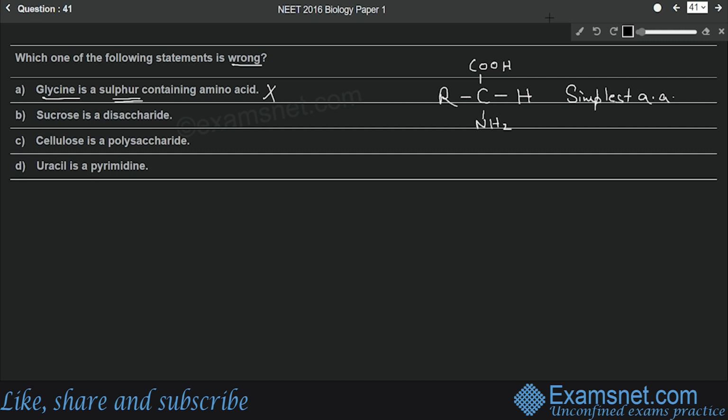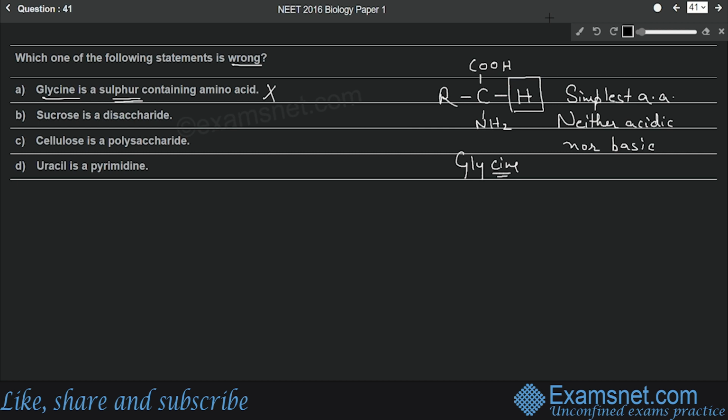Okay, that means there is no additional group or no complex group attached to this carbon, and it is neither acidic nor basic in nature. Neither acidic nor basic, or we can say this is a neutral amino acid, right? This is glycine. So we can see that this is not a sulfur containing amino acid, therefore it is an incorrect statement.